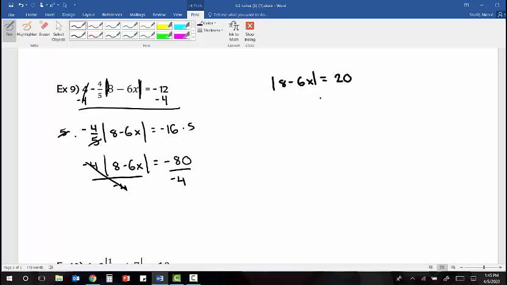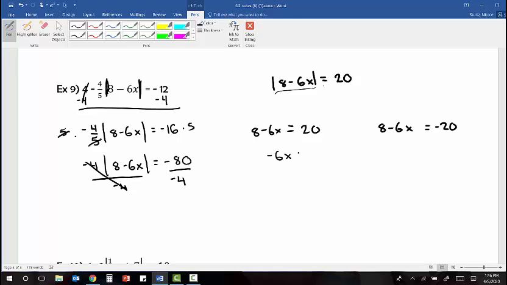So now we ask ourselves the question, can your distance equal 20? Yes. So there's two numbers whose distance is 20. 20 and -20. Your job is to find x so that you could get either answer.